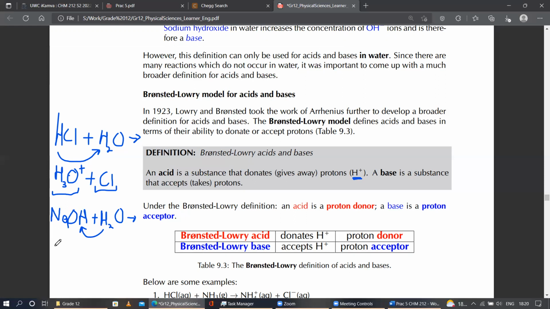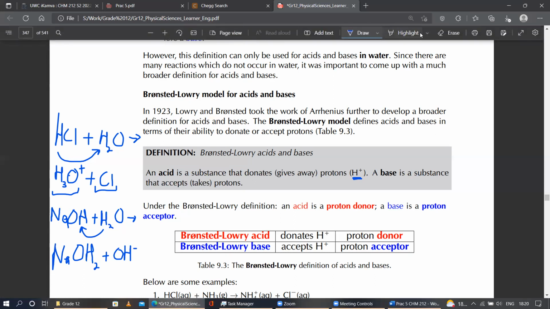So you're gonna have NaOH2 plus and OH minus. But let's just leave it like that. So I'm pretty sure you understand that now.